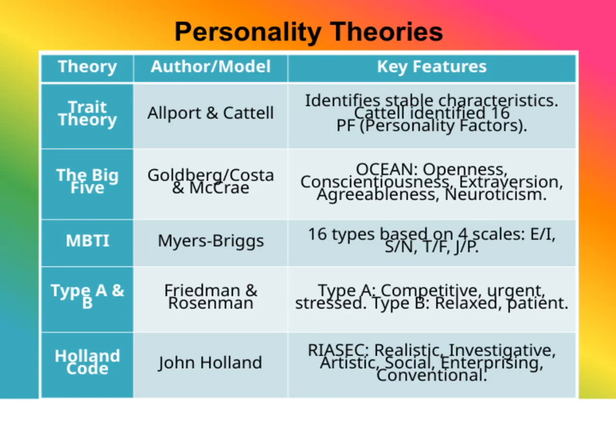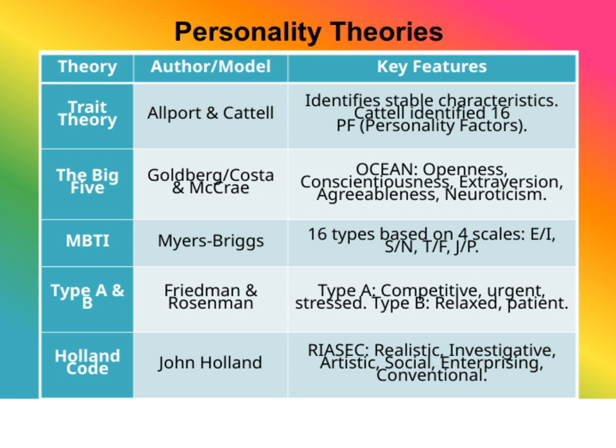First, we have trait theory, which was developed by Allport and Cattell. This theory focuses on identifying stable characteristics that define our personalities. Cattell, in particular, pinpointed 16 primary personality factors, often called the 16 PF, that help describe individual differences. Next is the Big Five, also known as OCEAN, a widely accepted model in psychology.